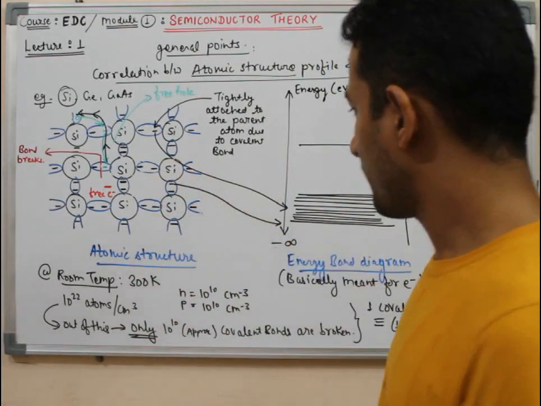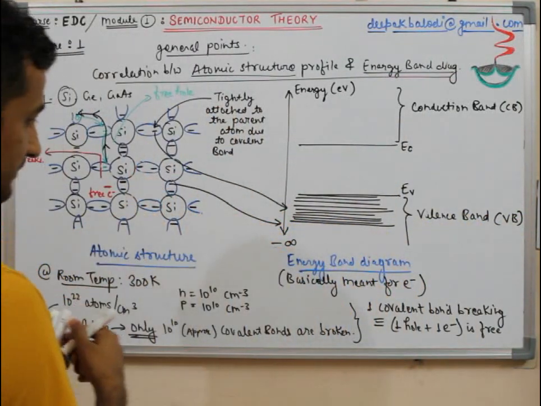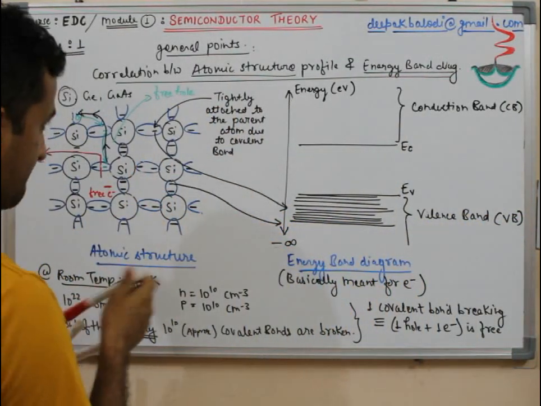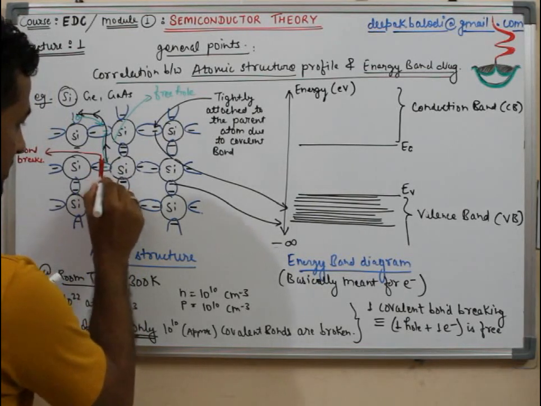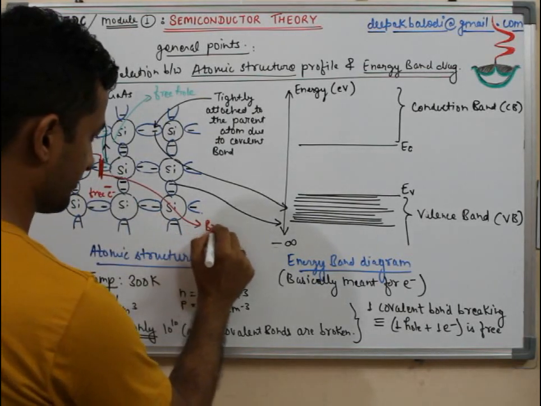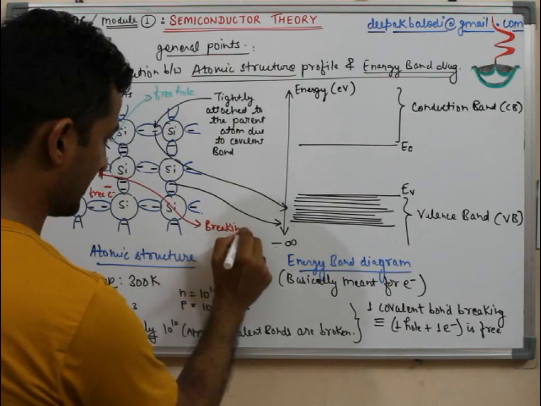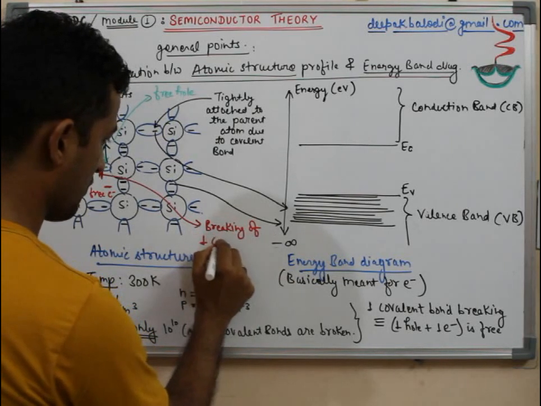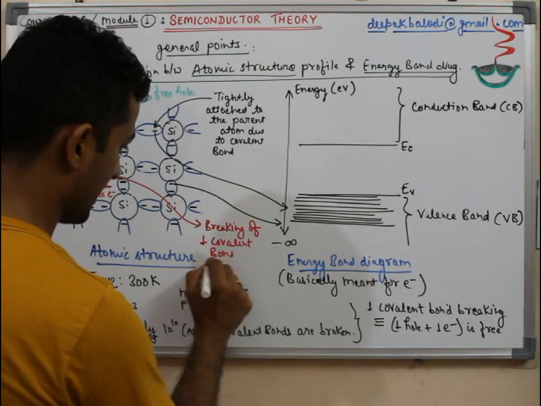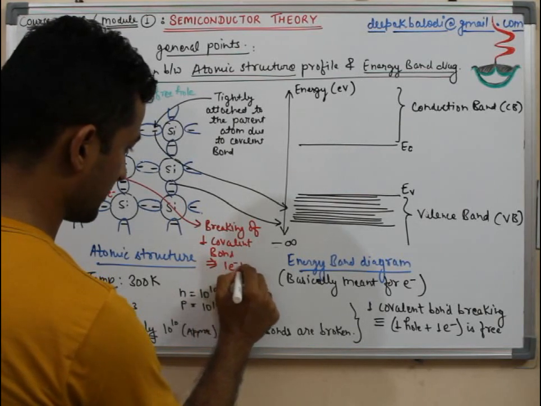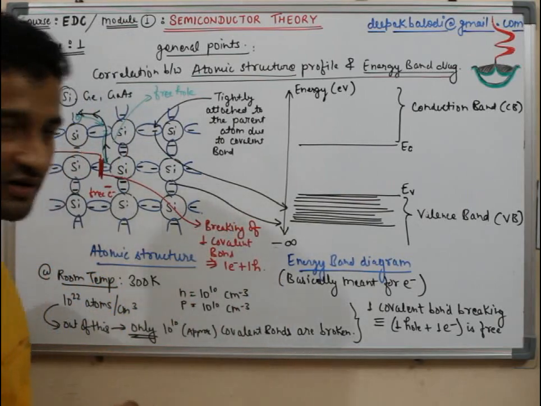Breakage of one covalent bond, like this I had shown, and due to this one electron plus one hole is generated.